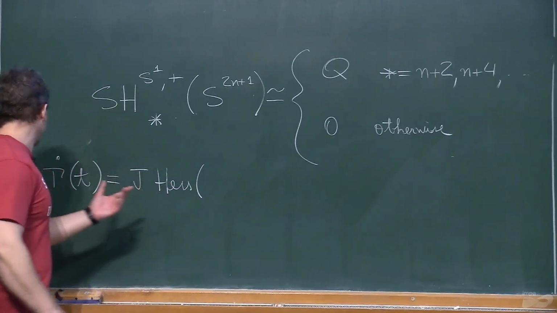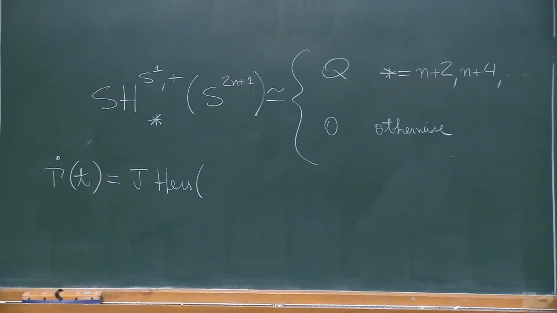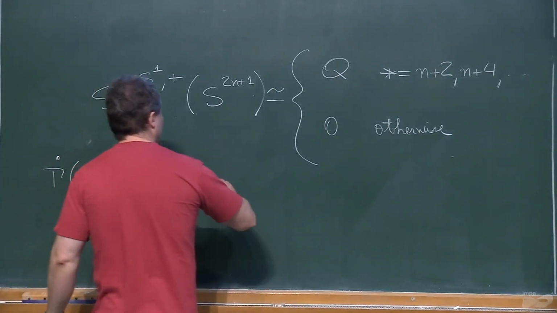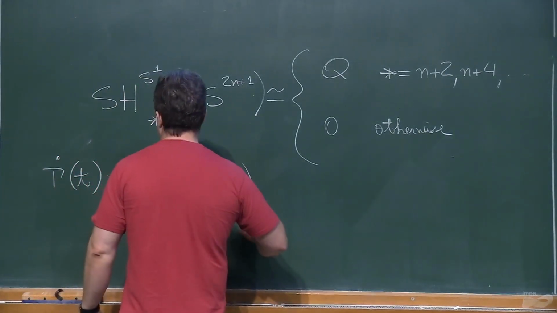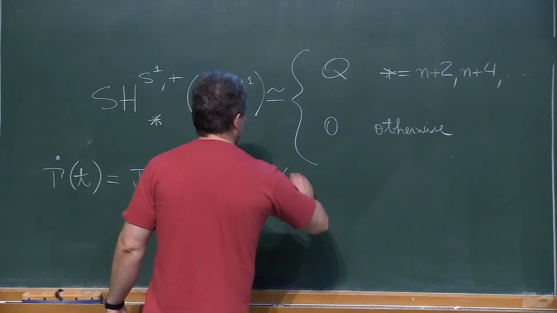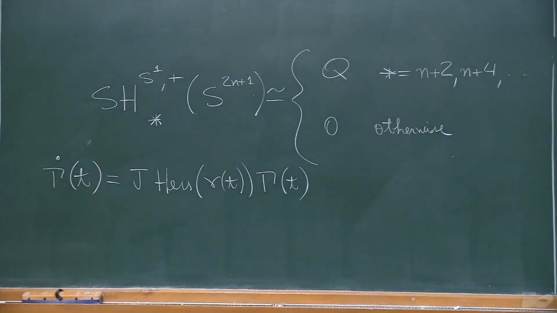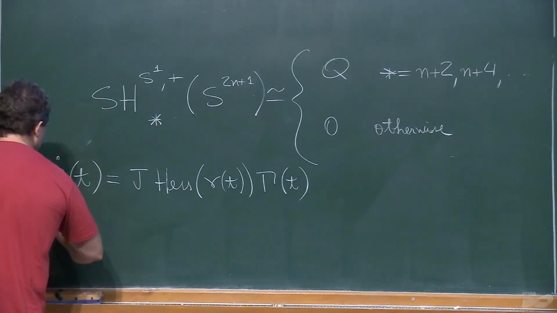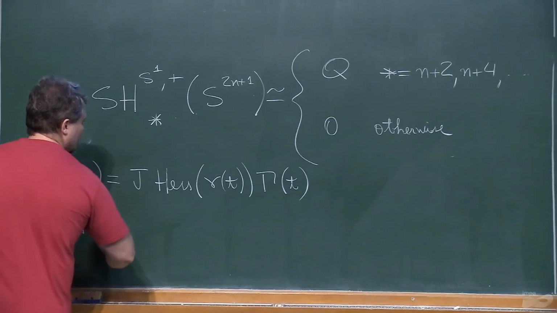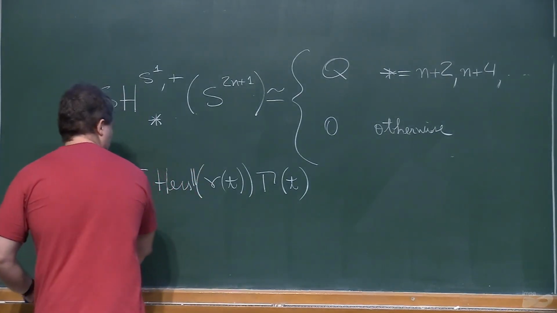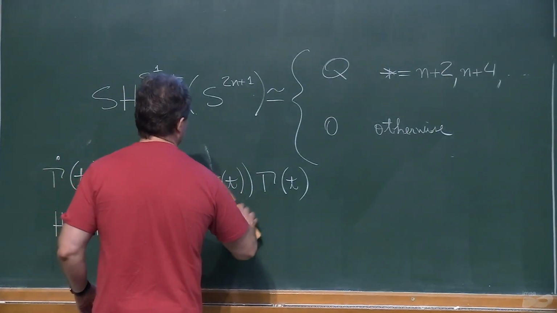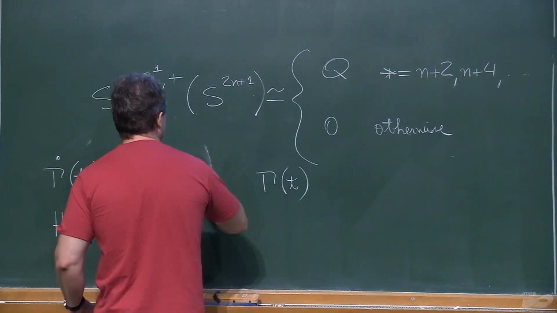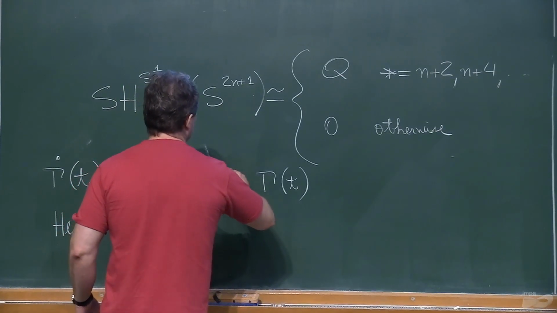The corresponding symmetric matrix is given by the Hessian of H at gamma t.